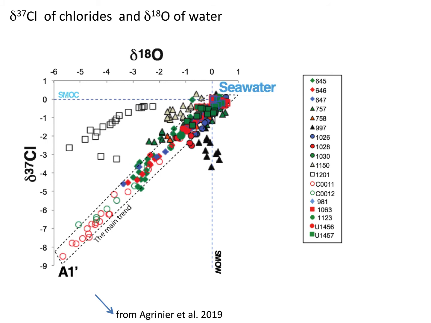Only site 997 does not show any correlation. Whatever the geological context, the pore fluids are on the main trend. The two extremes of the main trend are seawater and pole A1', previously defined. Only the pore fluids of 1201 are clearly shifted above the main trend.